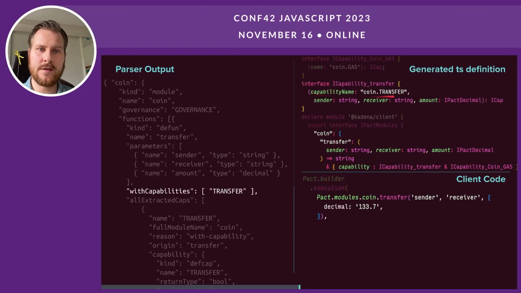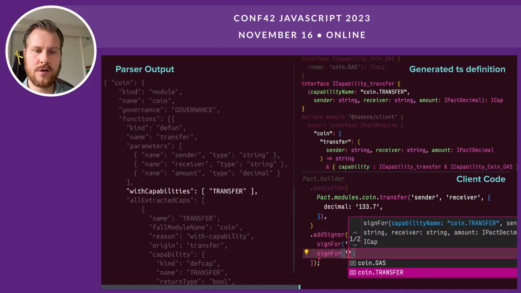And here we can see that the capability is this capability with the coin.transfer as a name. And if you are going to add a coin.transfer, you want to sign for the coin.transfer, which has to have these arguments. So we're kind of recreating everything that is possible in pact, but then from JavaScript.